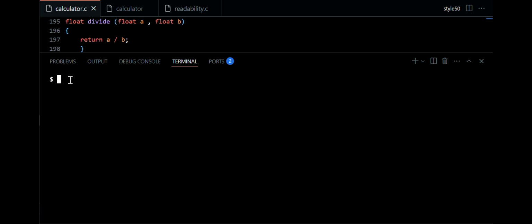Here, as with every CS50 code, we are going to do cd project, and it's going to be in the directory project. And now ./calculator.c. As usual, it says it is a directory.